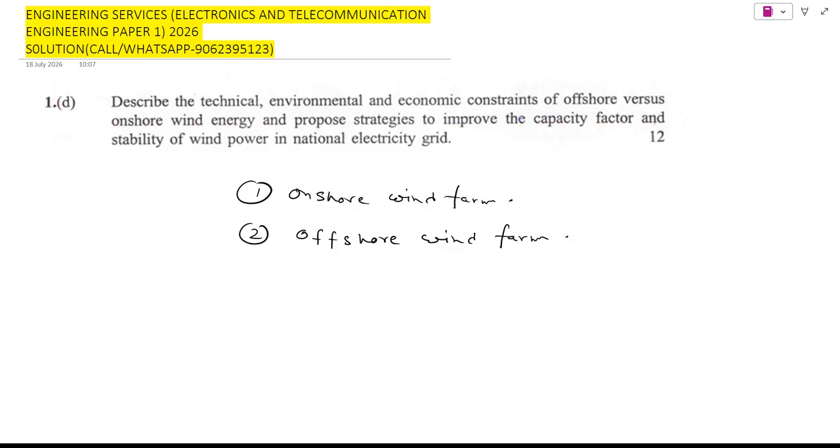Wind turbines installed in oceans or seas, generally several kilometers away from the coastline. For example, like North Sea projects in Europe. Okay. So remember this concept.